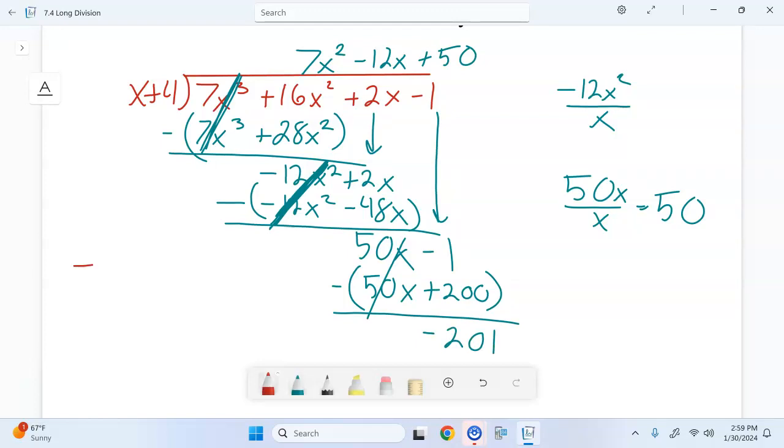So our quotient plus the remainder over the divisor. Quotient plus remainder over divisor.